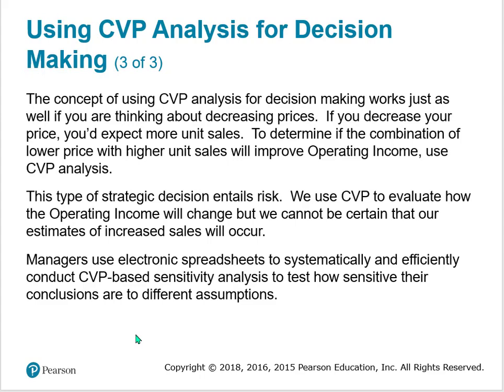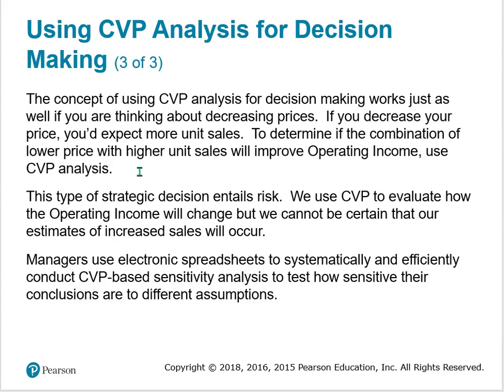So CVP can be used in a wide variety of decision-making processes. It works well if you're thinking about decreasing prices. If you decrease prices, you'd expect more unit sales. So if a combination of a lower price with higher unit sales would improve operating income, you would use CVP analysis. But it all includes risk.